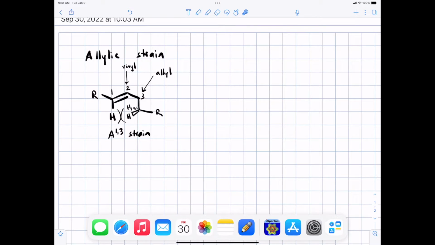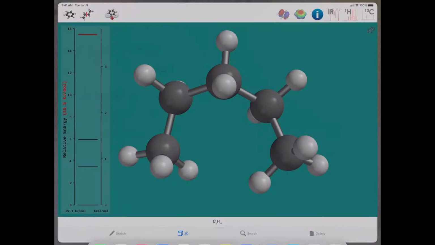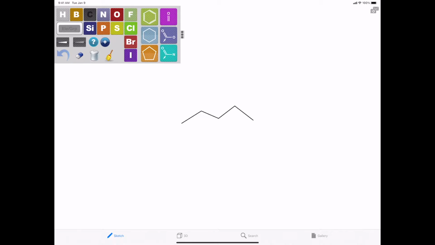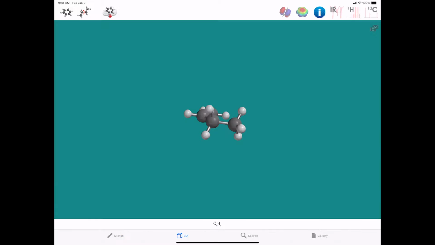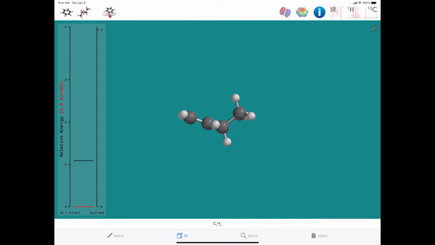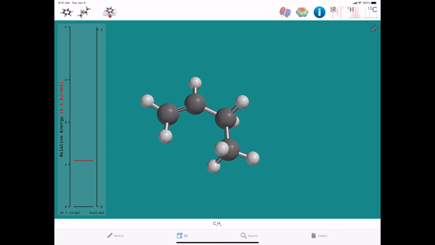Let's see. I don't know actually if Spartan has an example of this, but we can try. Double bond, methyl group. Okay, that'll be, oh, how about that? So from the perspective that we were drawing, here is the double bond, here's carbon 1, 2, and 3.